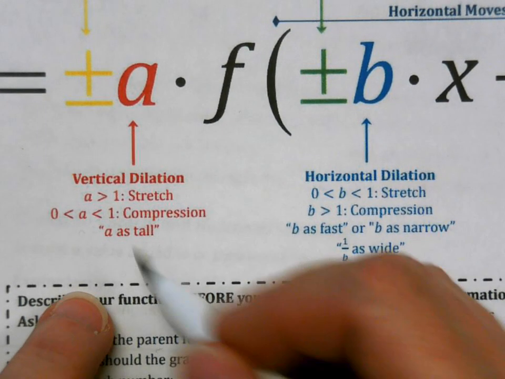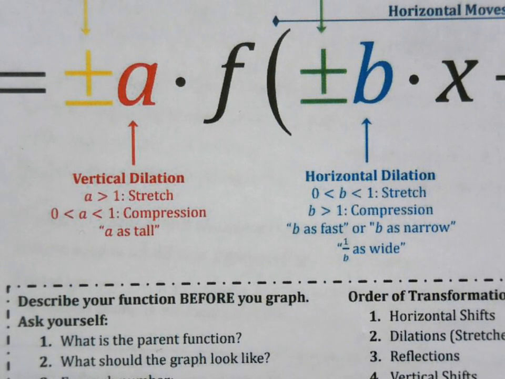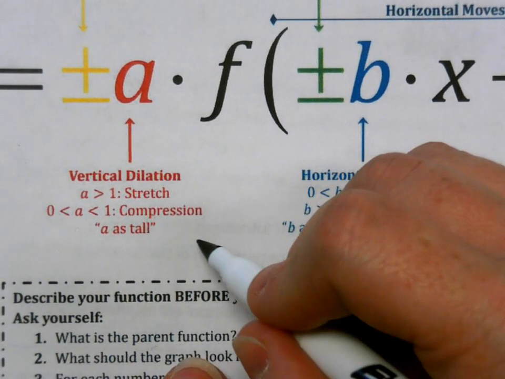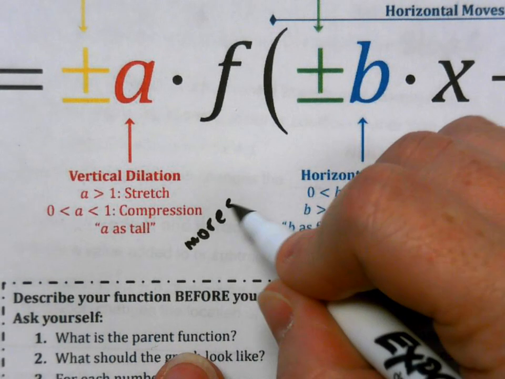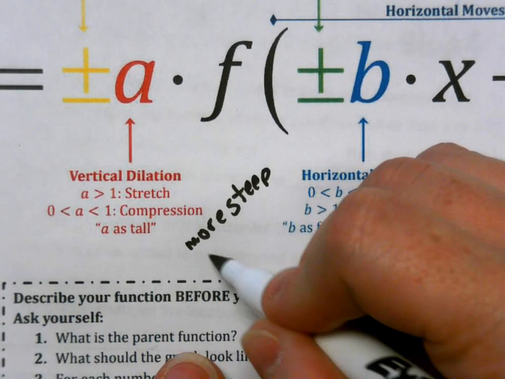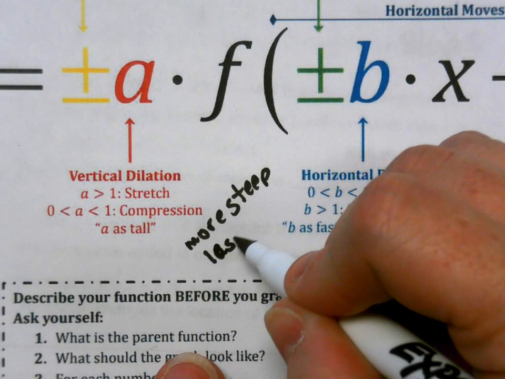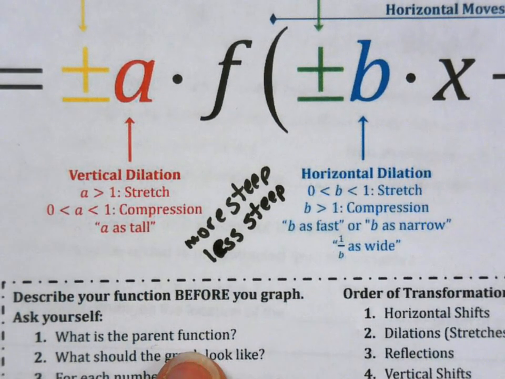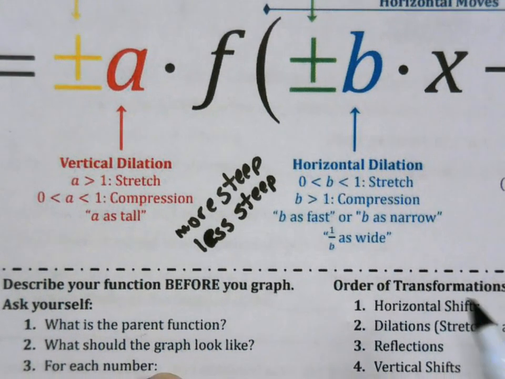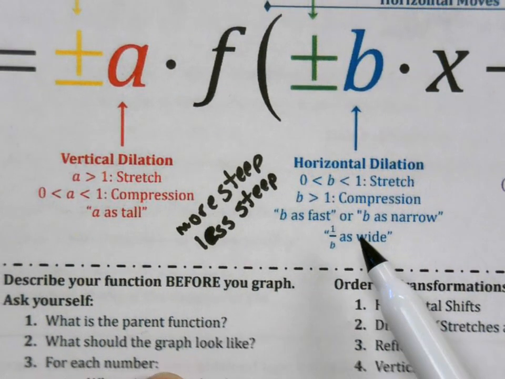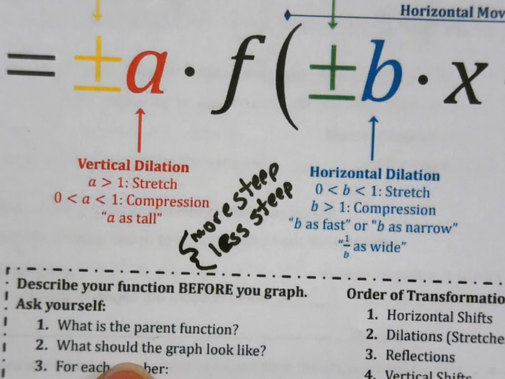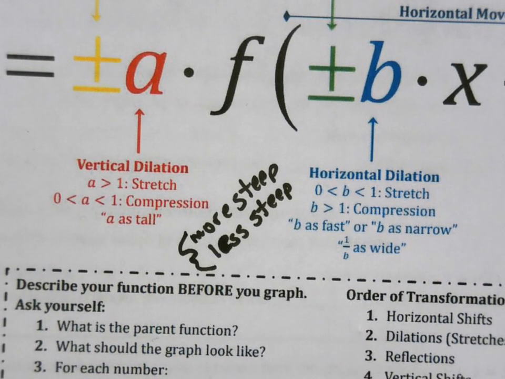And when these change right here, the phrases that you want to use are more steep or less steep. You can use narrower or wider. You can use taller, but these are what you're going to see more often, more steep and less steep.